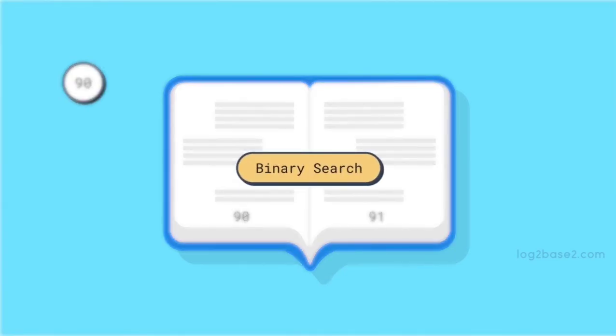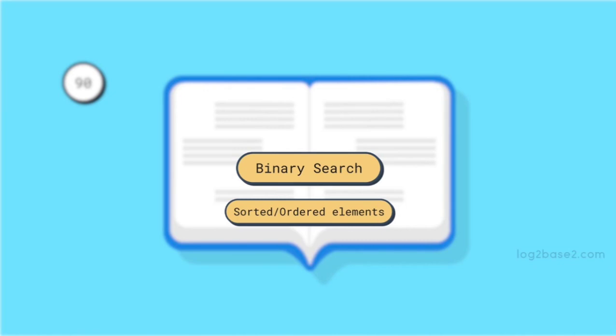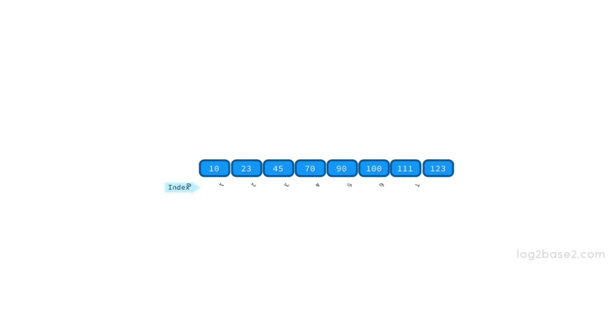So binary search can be performed on sorted or ordered set of elements. Say this example array with elements 10, 23, 45, 70, 100, 111 and 123. Suppose we want to search for the key 45. So as we did for the book, we will first find the middle element.